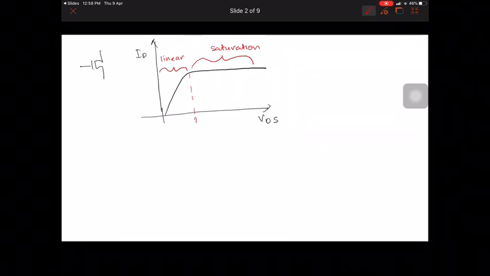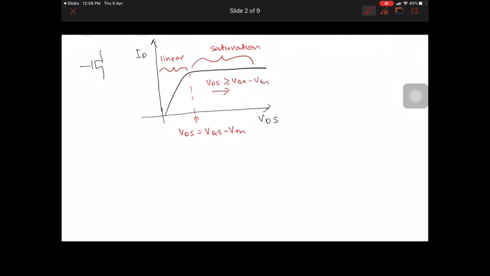This point over here is known as VDS equals VGS minus threshold. So at any voltage higher than VGS minus VTN, the current is in saturation, and if VDS is less than VGS minus VTN, then it is in the linear region.